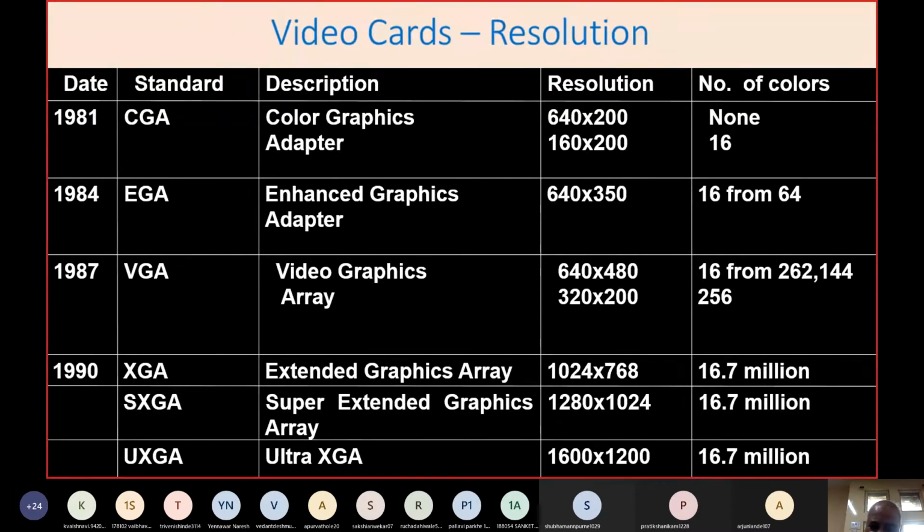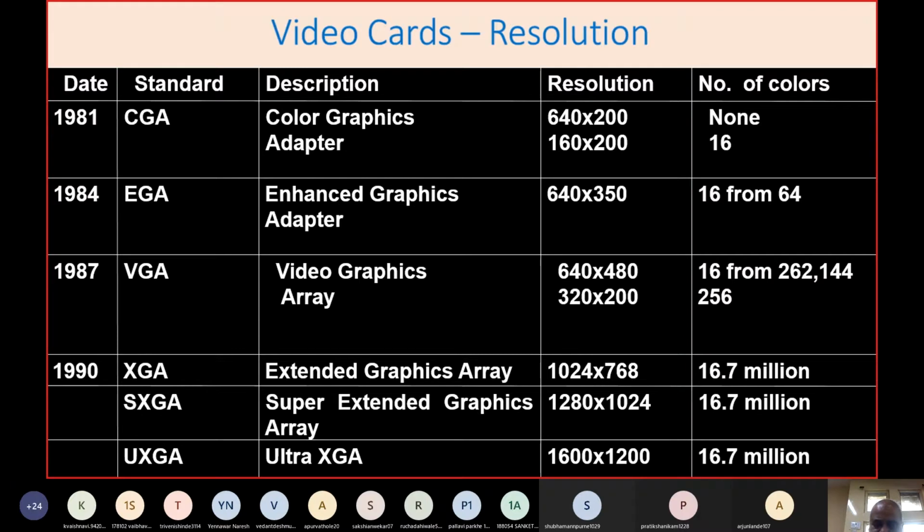Then a still larger resolution was developed, called Super XGA, giving a resolution of 1280 by 1024 pixels. That means horizontal pixels are 1280 and vertical pixels are 1024. After Super XGA, another one was given, called Ultra XGA, that is 1600 by 1200 resolution. That is the development in XGA.